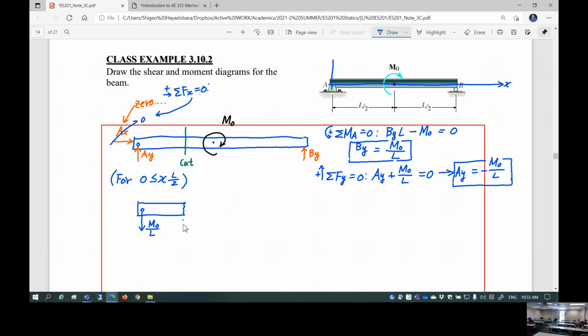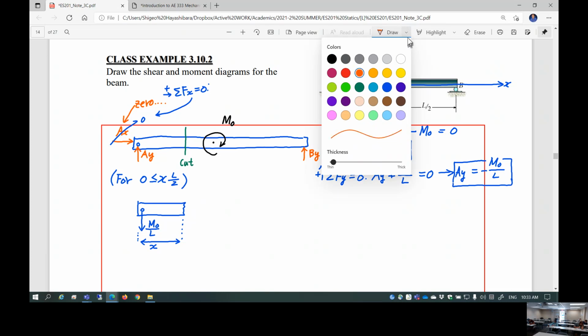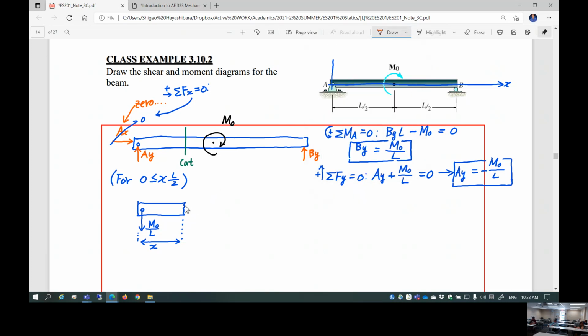And so this is the x. All right, so let's say this is point O. You're going to introduce internal shear, which is shear V as a function of x, and also internal moment, bending moment M, also as a function of x.